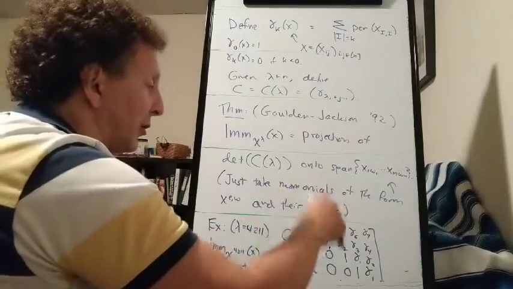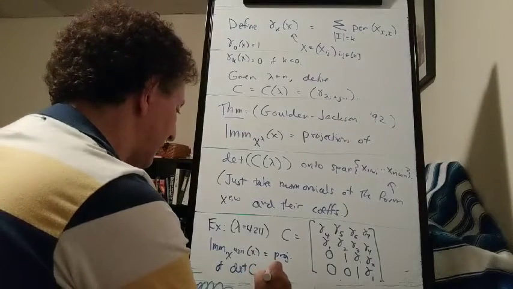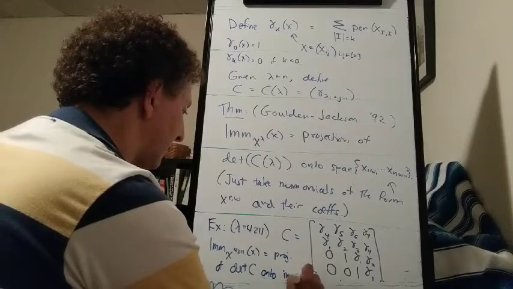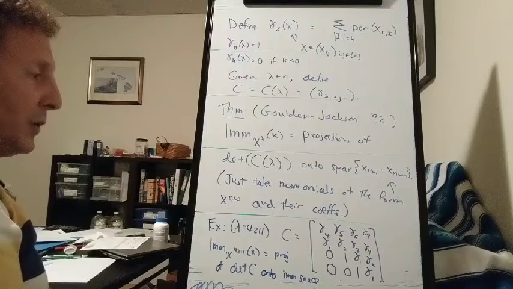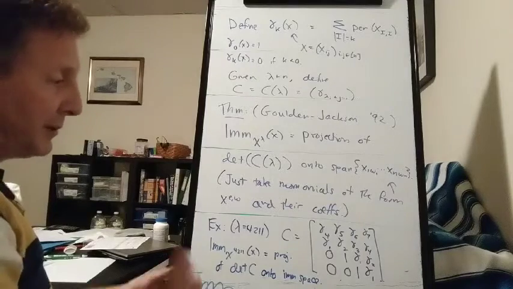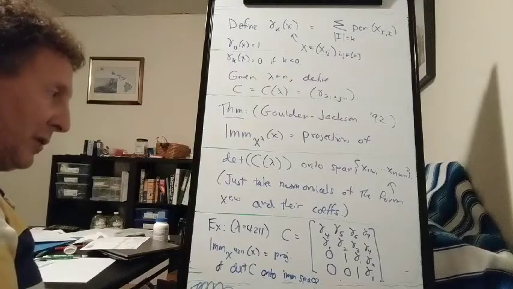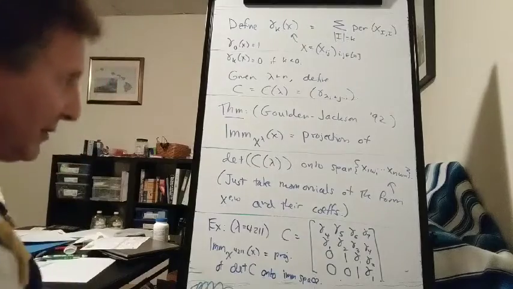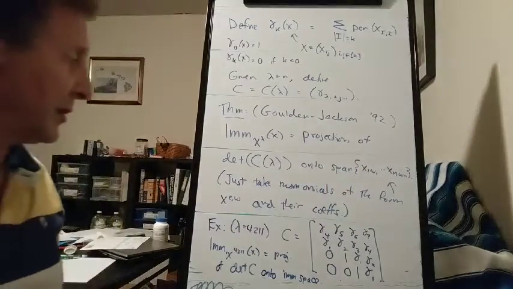And we throw them all away, and we just keep the ones that look like this. So it's a little bit cumbersome to do the example out exactly, so I'm not going to write it any further than this. But we take the determinant of that matrix and then throw away all the monomials that don't look like this, and that is the Goulden and Jackson formula. The end.